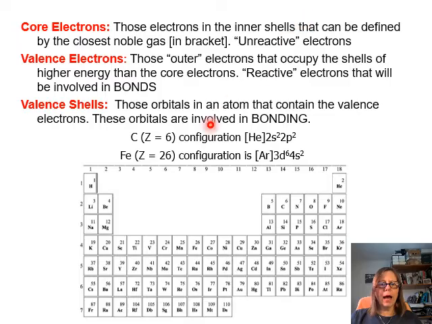Looking at iron, atomic number 26, the core electrons are defined by argon in brackets, and the valence shells involved in bonding are the 3d and 4s orbitals. 3d contains 6 valence electrons, 4s contains 2 valence electrons.